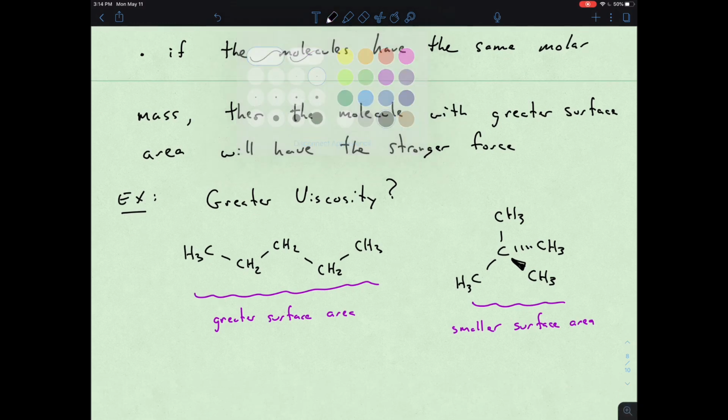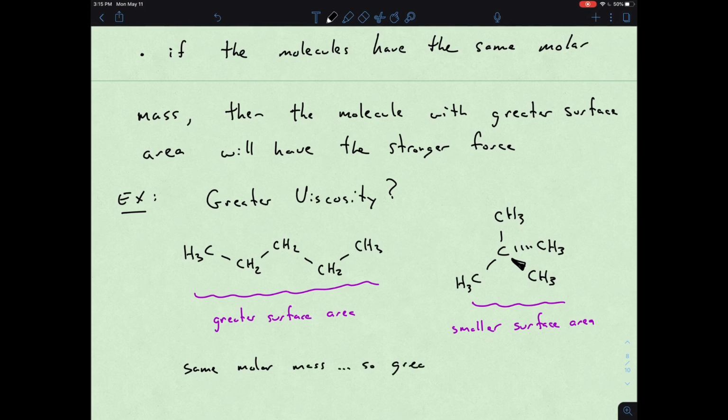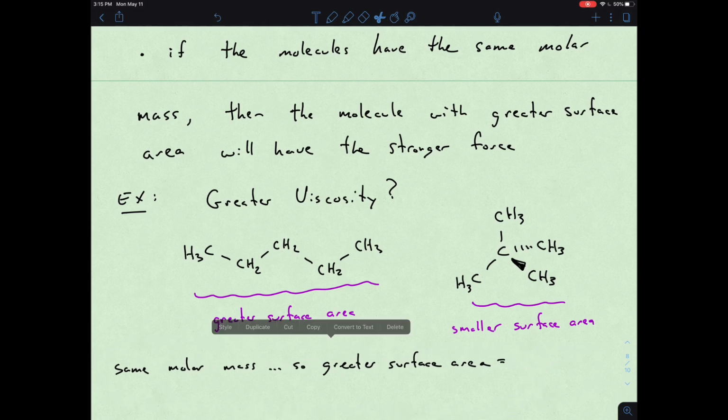So we have the idea of the same molar mass, so greater surface area is now equal to stronger forces.